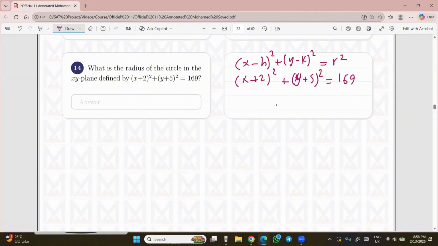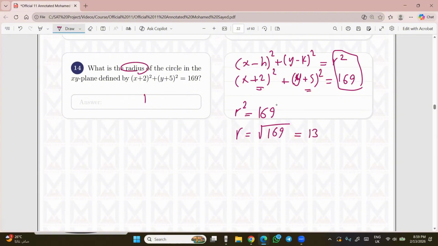Whenever you are asked for the center, which is negative 2 and negative 5, we change the sign. But the question asks about the radius, and the radius comes from this number. So we write r squared is equal to 169, which makes r equal to the square root of 169, and of course the positive one because we do not have a negative radius. So we have 13 as the answer.